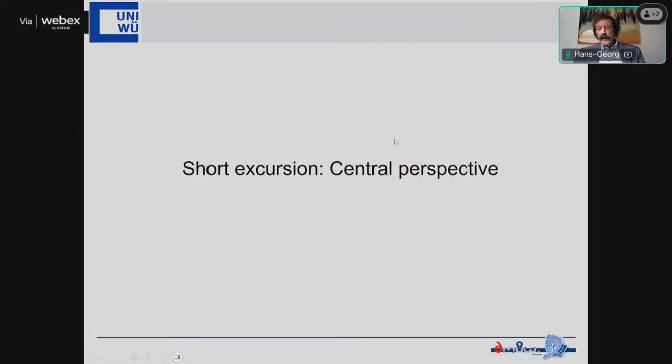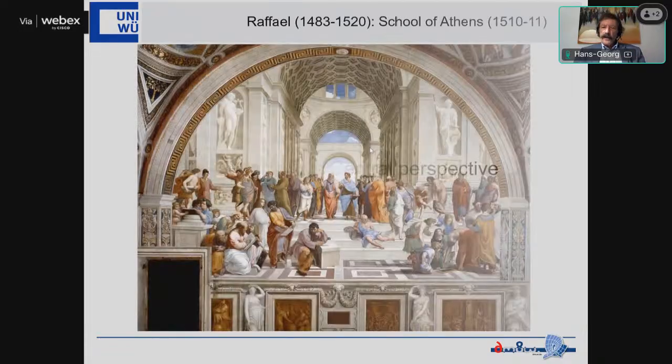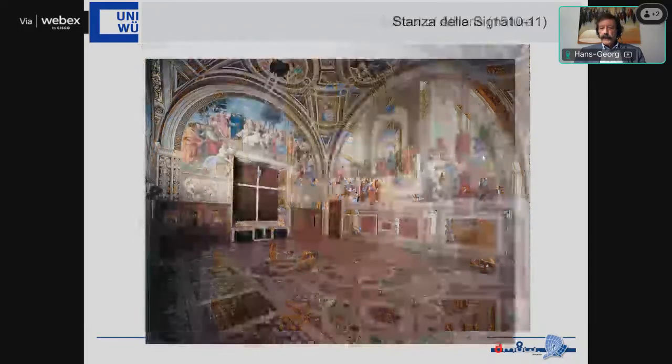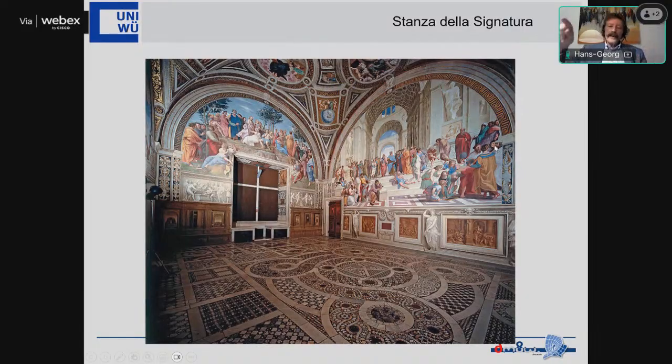They were the first who thought about the central perspective. So I will say a few words about the central perspective. Another one is Raphael, who has done this famous painting School of Athens. You find this painting in Rome, in the Vatican.